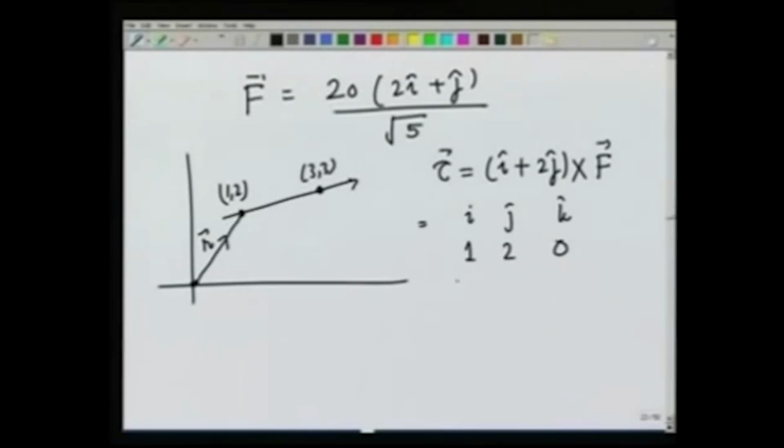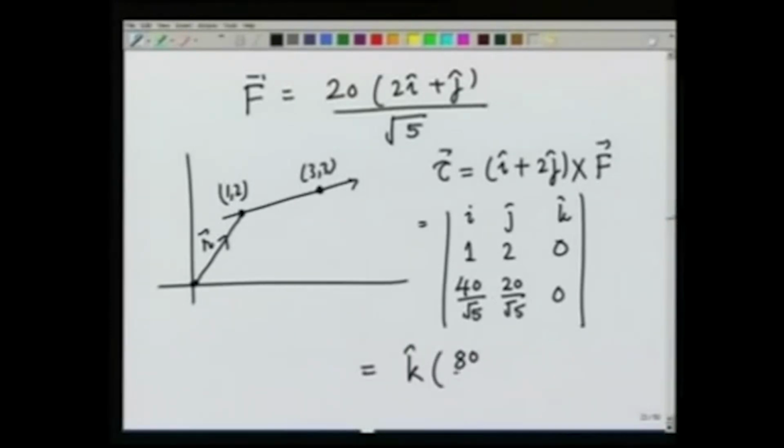For the force, it is 40 over root 5, the j component is 20 over root 5, and 0. This gives i component 0, j component 0, and k component is going to be 80 over root 5 minus 20 over root 5, which is 60 over root 5 k.